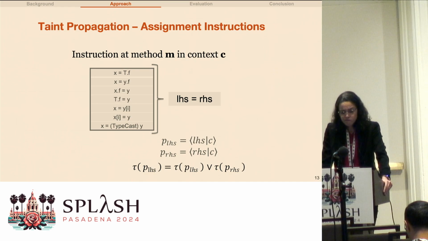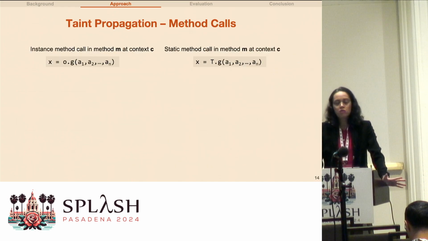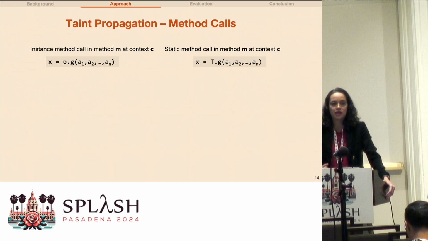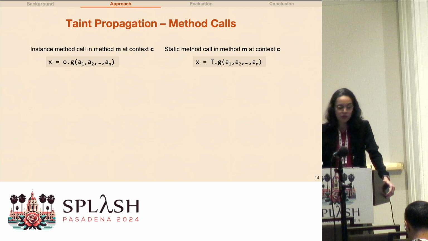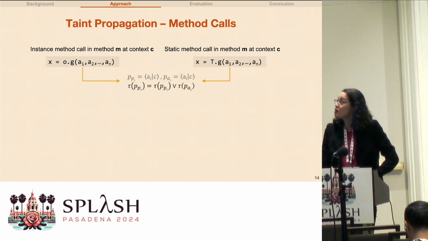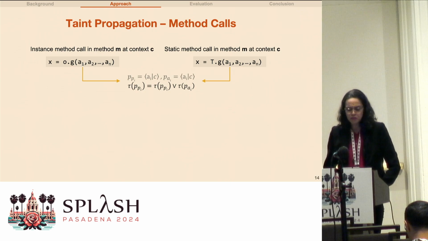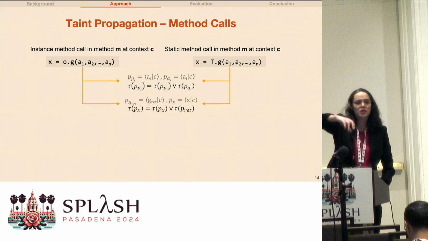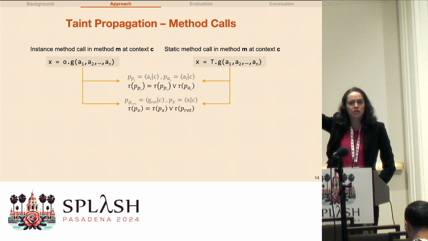Okay? Now, when it comes to method calls, we are going to take these taint states into account when we are computing the dispatch for these possible method calls. The first thing we have to do is propagate the taint for those method calls. Essentially, we propagate the taint from the arguments to the parameters of the invoked methods.